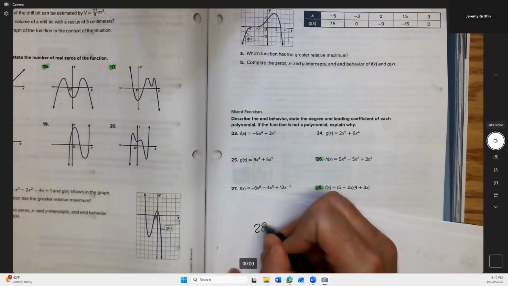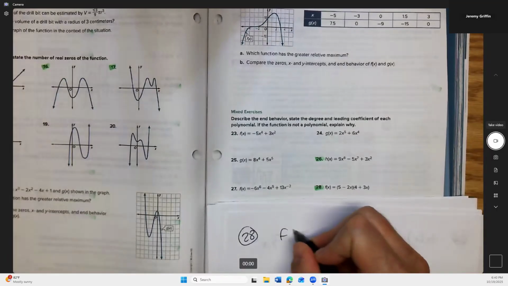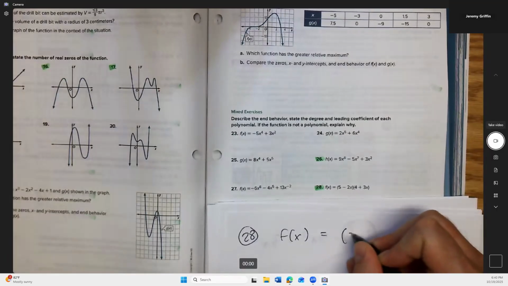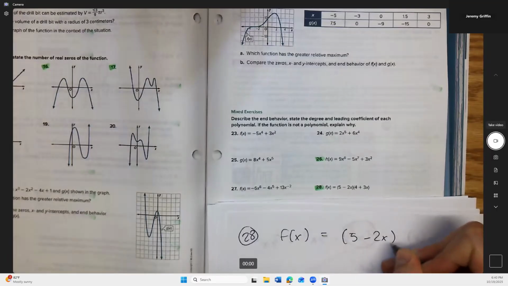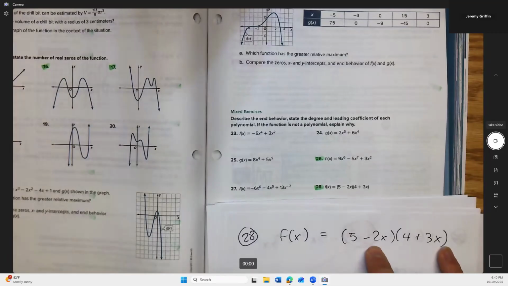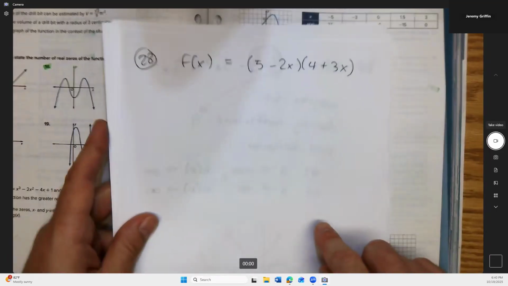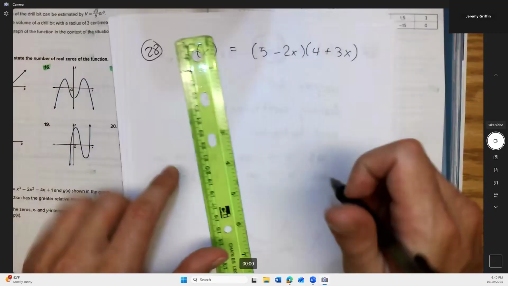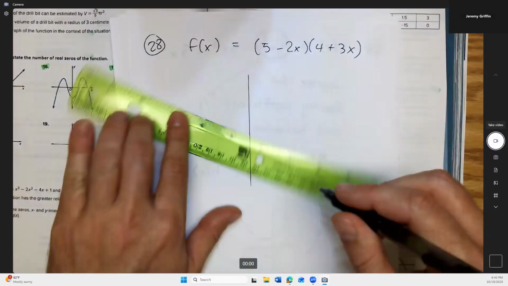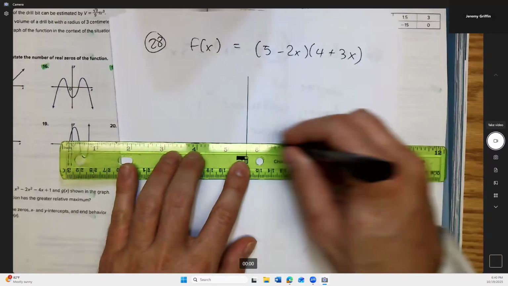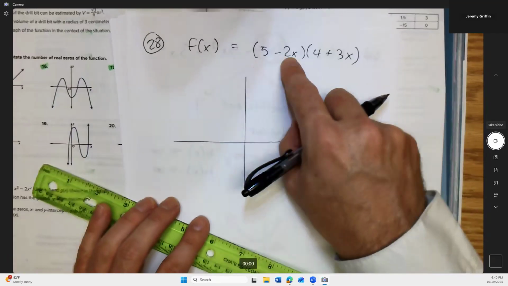28. I've got f of x equals 5 minus 2x and 4 plus 3x. Ah, this is back to a parabola, isn't it? Back to a parabola. Okay. In fact, I can whip off a graph real fast because I can pretty much immediately see what the zeros are going to be. Like 5 minus 2x is equal to 0.